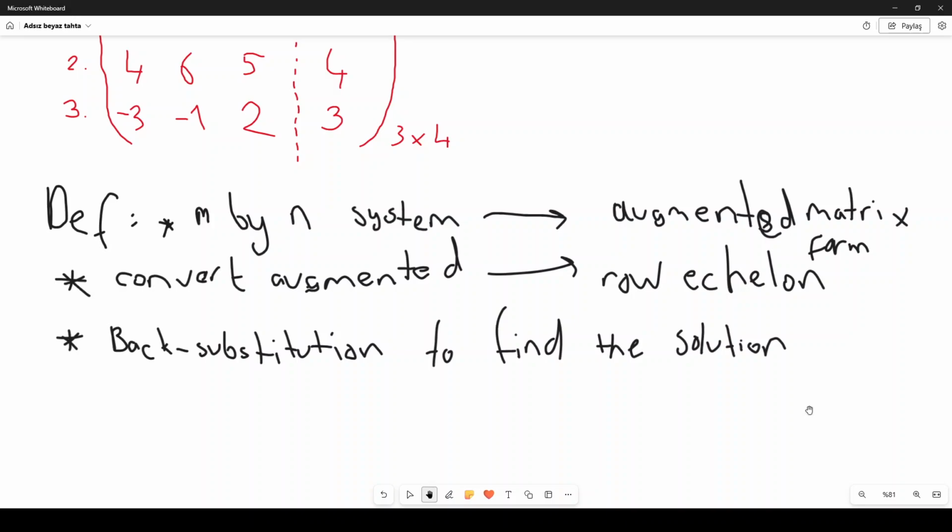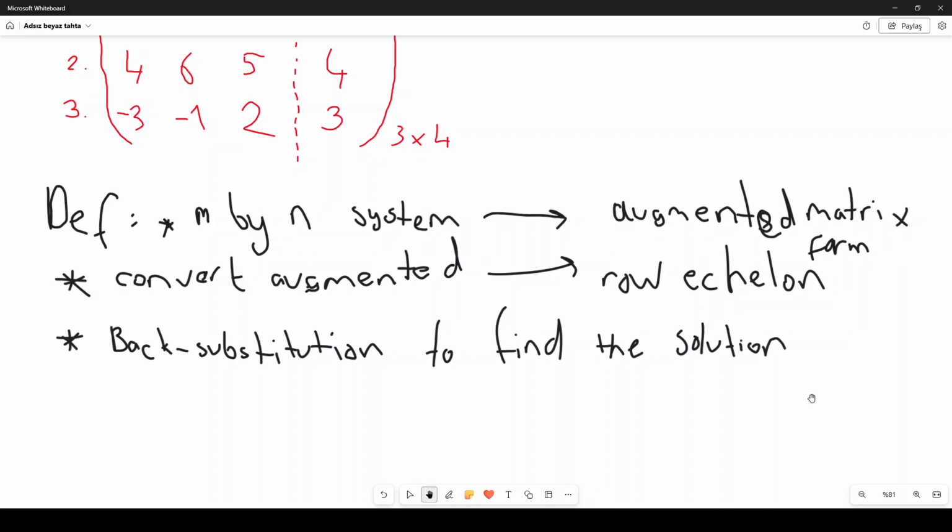But if it is not in the row echelon form, which is usually the case, then we will try to convert the augmented matrix into the row echelon form. And how will we do it? We will apply what we learned in the previous lecture, the elementary row operations. We have three elementary row operations. By applying them, we convert our matrix into a row echelon form that is equivalent to the original system.